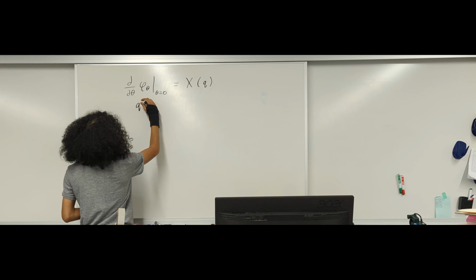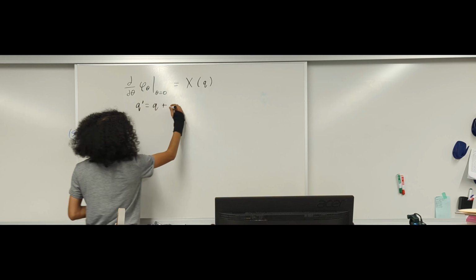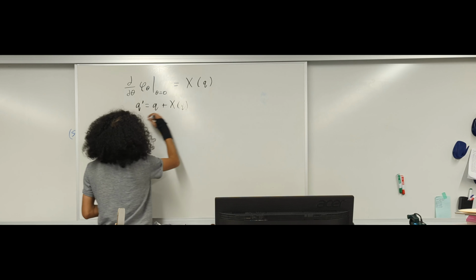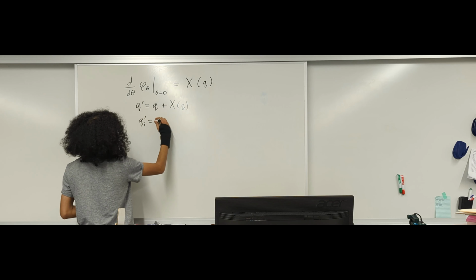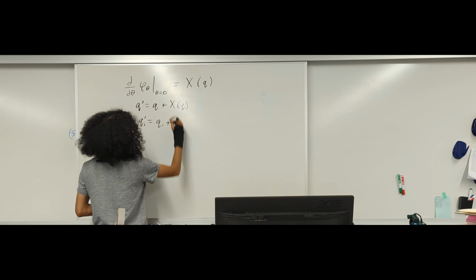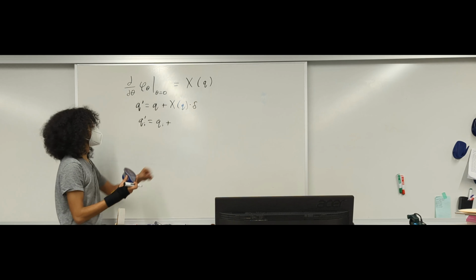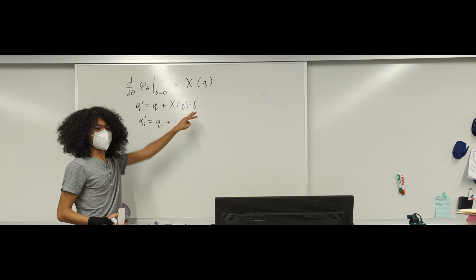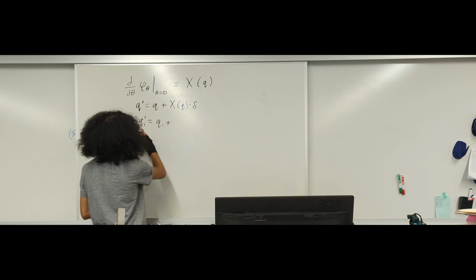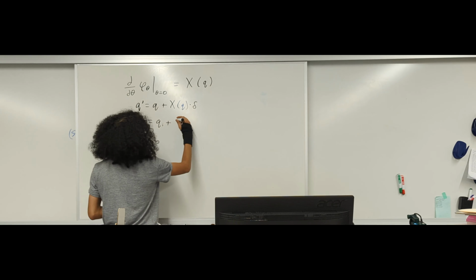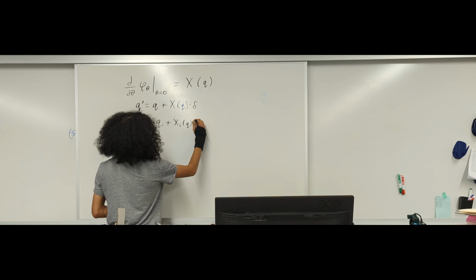So if we had q prime equal to q plus x of q, then for the particular degree of freedom, we have qi prime equal to qi plus, oh sorry, there's a delta here, because we do the transformation by an amount delta. So qi prime equals qi plus xi of q times delta.